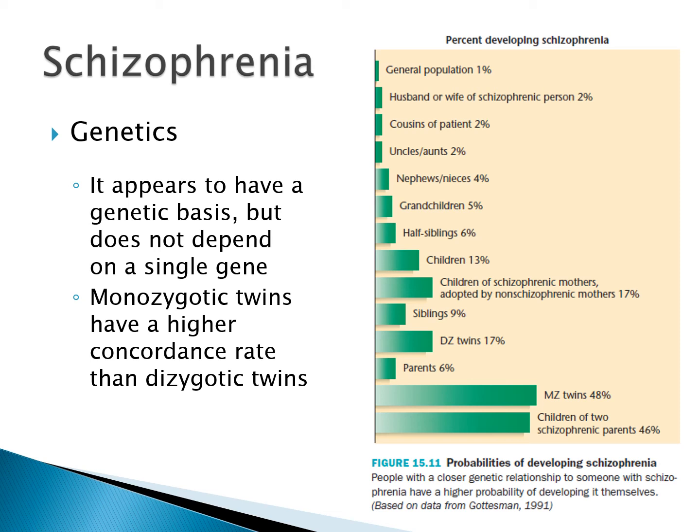Monozygotic twins have a higher concordance rate than dizygotic twins, and we can see this is a nice kind of probabilities of developing schizophrenia based on how many relations you have and who those relations are. So the children of 2 schizophrenic parents are pretty likely.